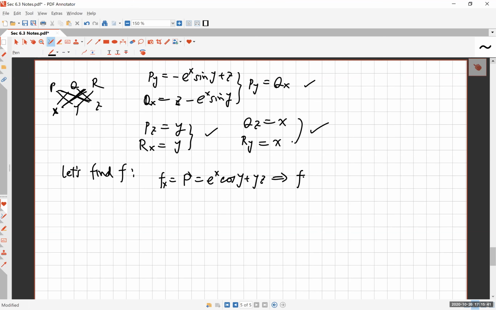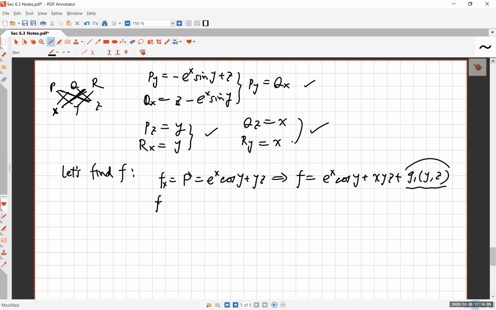And this means the potential function must look like e to the x cosine of y plus xyz plus, and you could have any function of y and z as long as x does not appear. I hope this is clear, because I've done this a few times now, right? It's okay to have some expression of y and z, but you can't have any more x in here, because if you have any x in here, when you differentiate it, you will have an extra term, right?